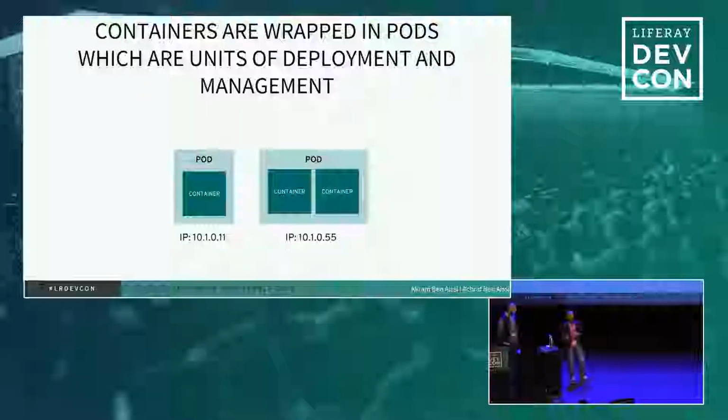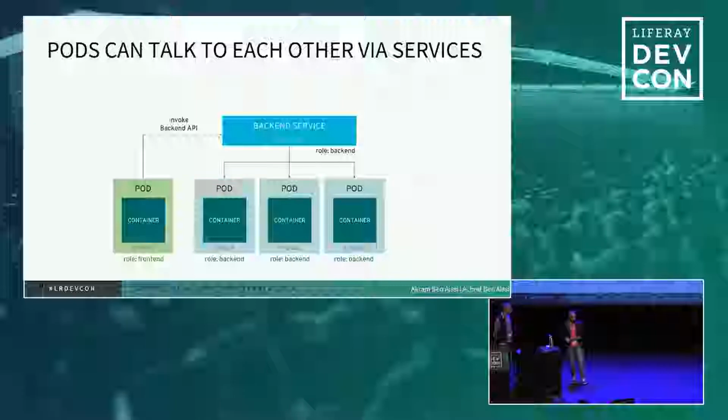A pod is something like a scalability unit. You put containers inside a pod. The pod has a single IP address, and all the containers inside the pod share the same IP address. This is very useful if you have processes that want to communicate together in the same pod.